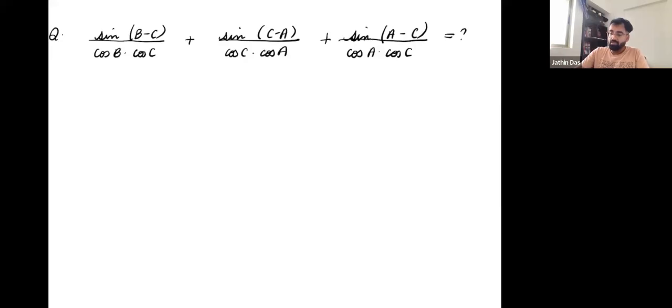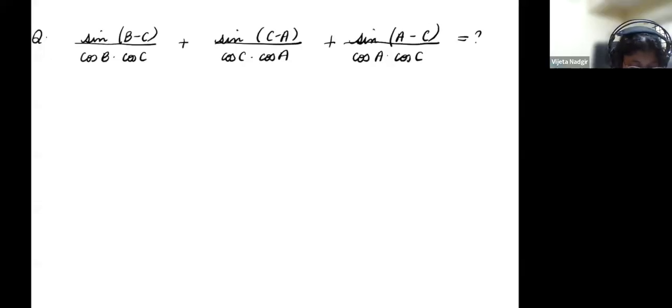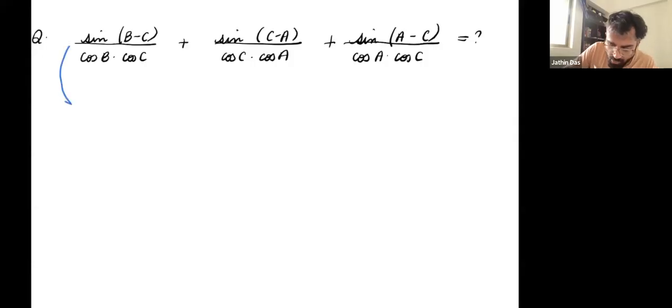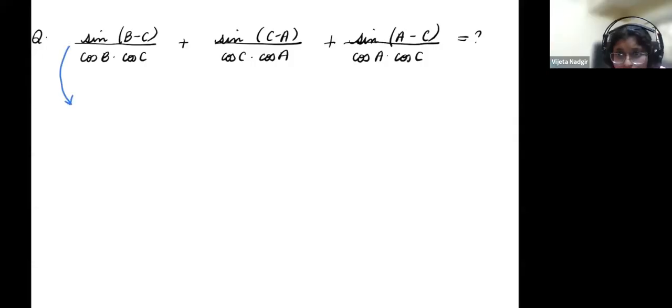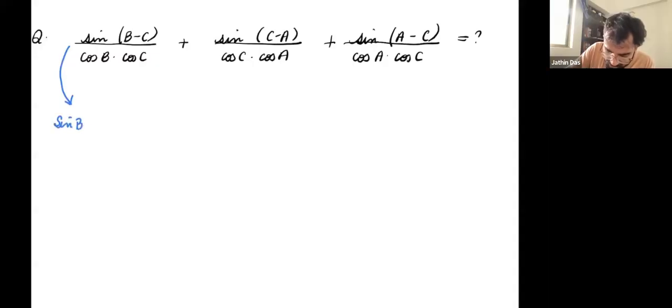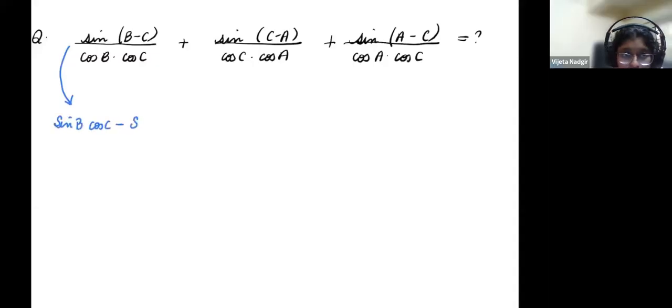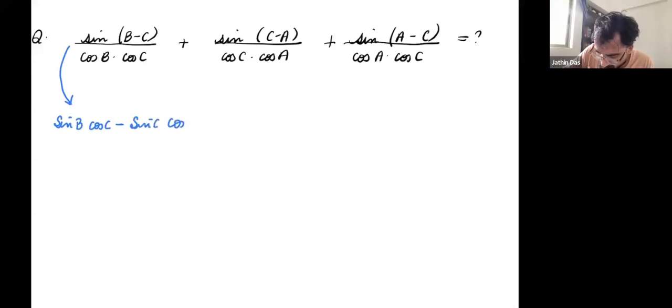Tan square B plus tan square C plus tan square A. Okay, what is this? Sin B cos C minus cos B sin C, divided by cos B cos C. Correct?